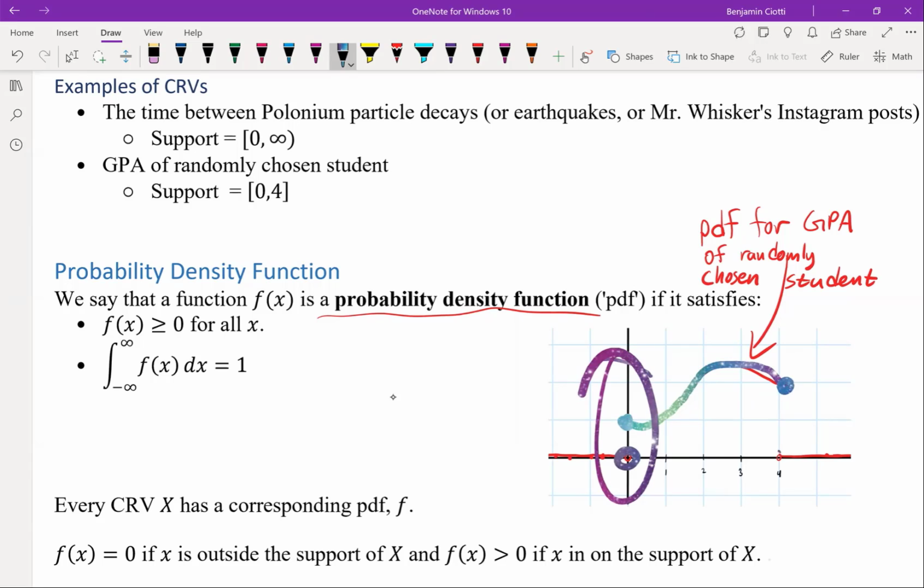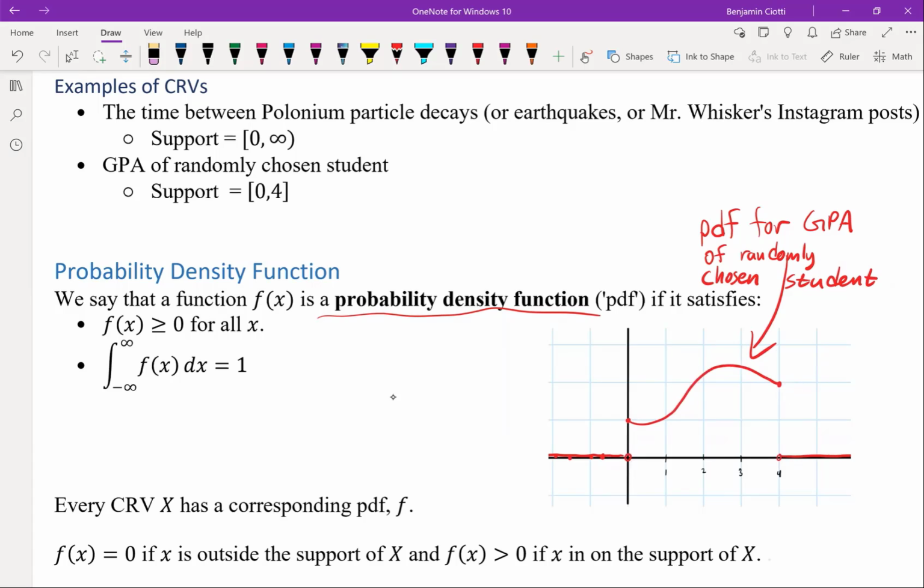It also has one at 4. That's fine. That can happen. We would say that this is a piecewise defined function. So remember what's continuous here. X, the GPA, that's a continuous random variable. The probability distribution of X is actually a piecewise continuous function that actually has some discontinuities at 0 and 4.